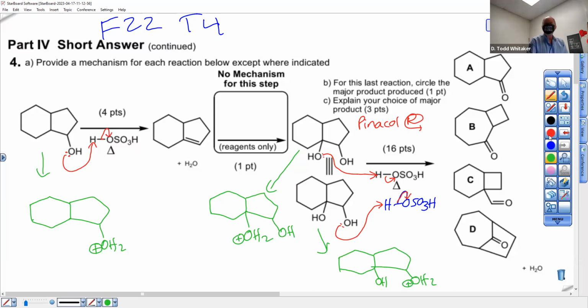Why did we protonate these 3 alcohols? Okay, that's how we did it. Sulfuric acid will protonate an alcohol, but we wanted to make it a leaving group. That's a hint for the next step. Make it leave. That's it. Leave. Leave. Leave.